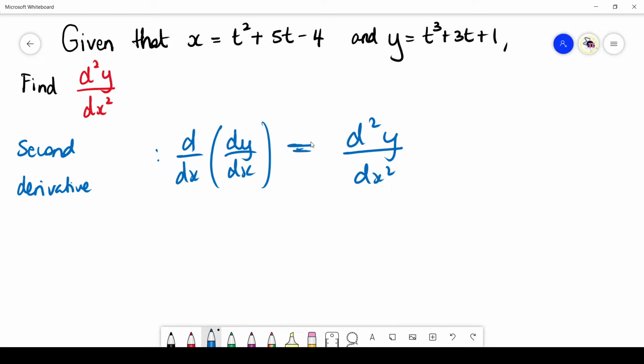And that is how you end up getting d2y/dx squared. But how do you differentiate dy/dx when it's not in terms of x? Well, stay tuned and you'll see yet another extension of the chain rule as we work together to get that value for d2y/dx squared.